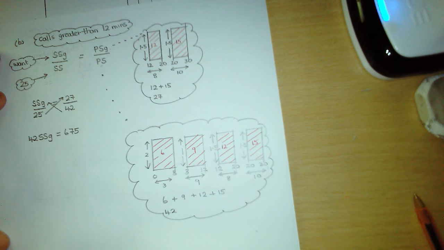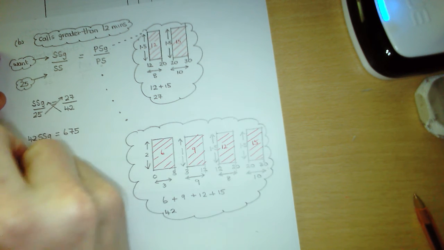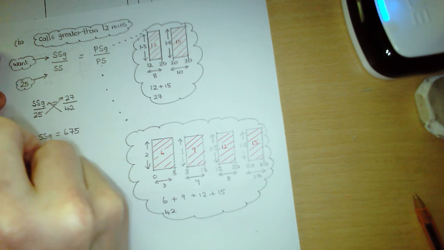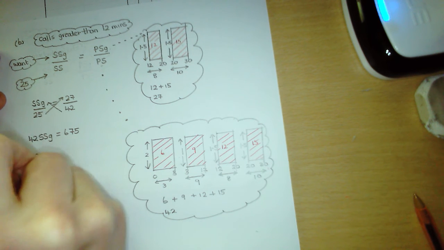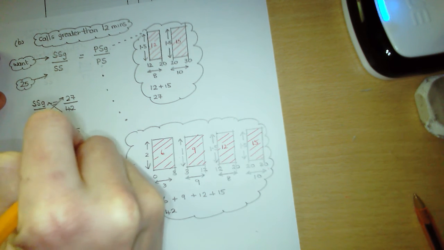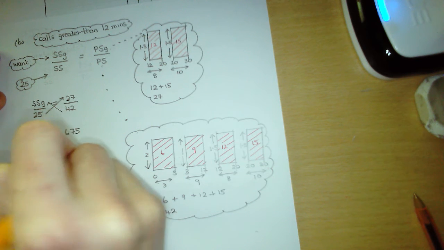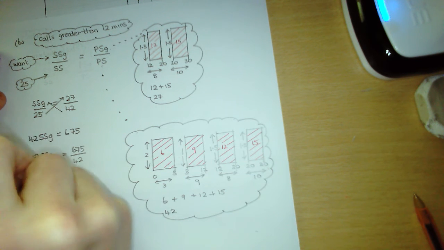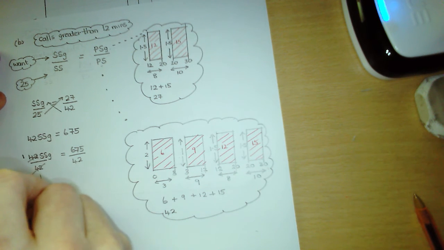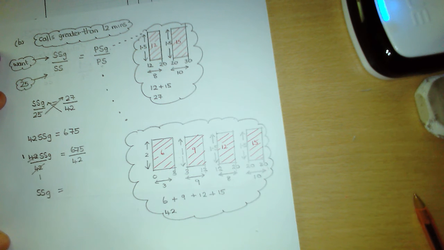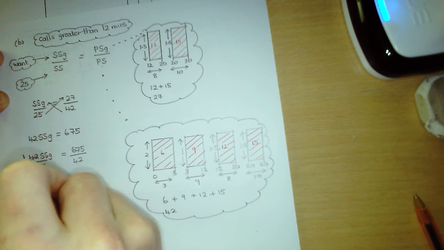And then we're going to divide both sides by the coefficient of SSG. The 42s cancel on the left, so we're going to be left with SSG, and then go back to calculator. 675 divided by 42, and that's going to give you about 16.0714.